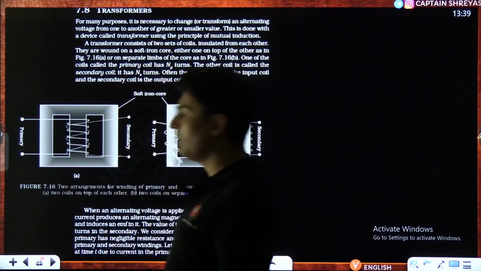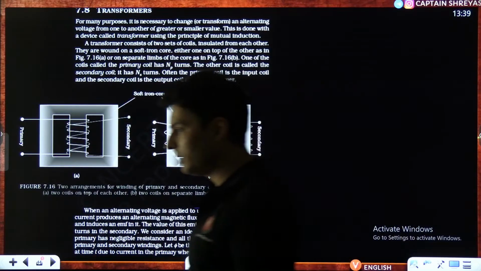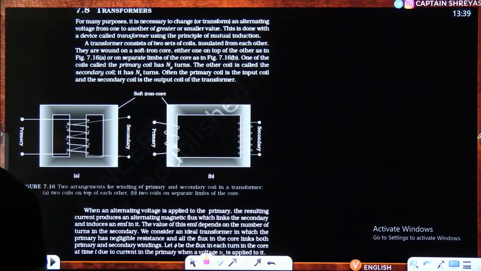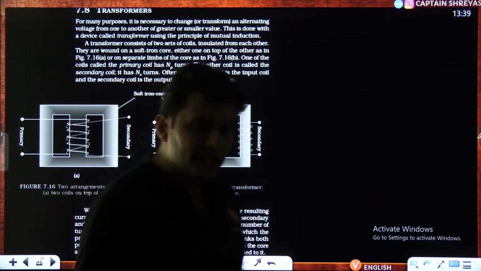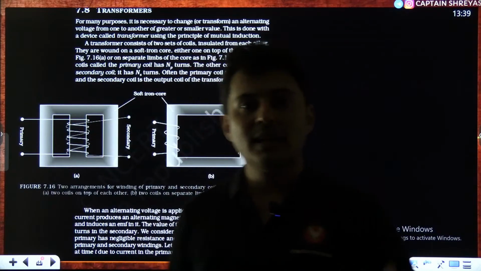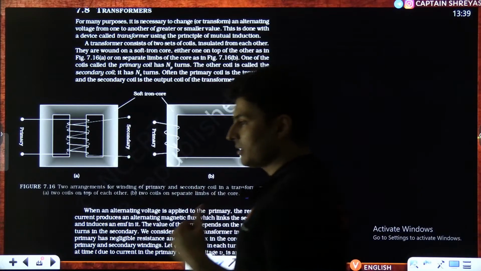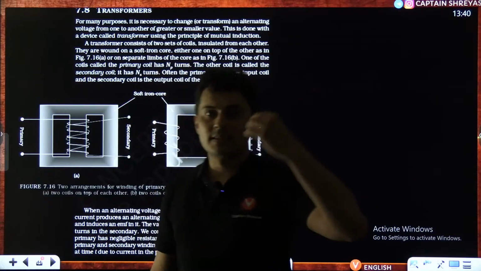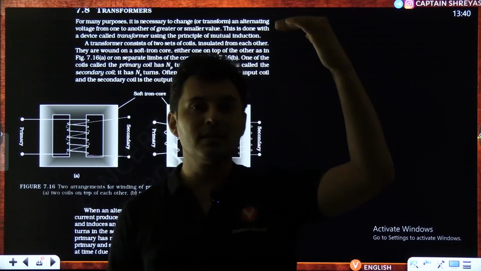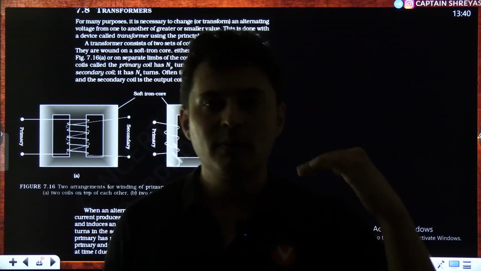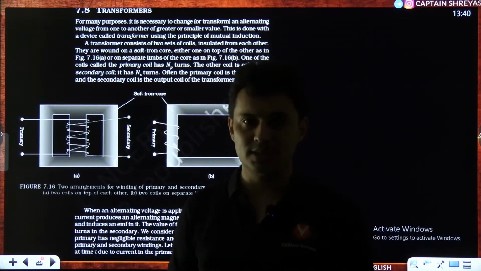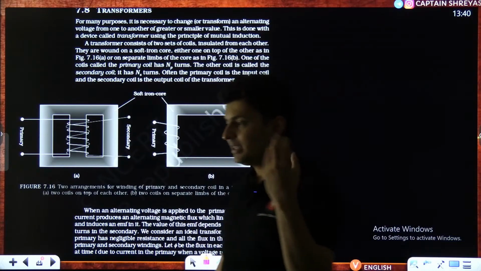Next, let's talk about the transformer, which is the last part of this. A transformer was one of the greatest inventions, thanks to Nikola Tesla again. It enabled you to increase or lower the voltage from any situation to any situation. Otherwise, it would have been tough.